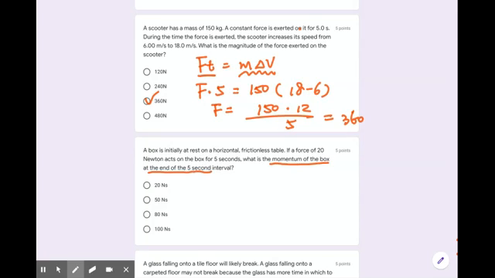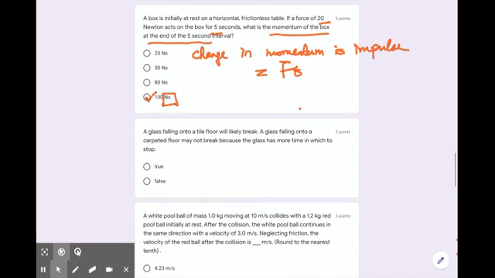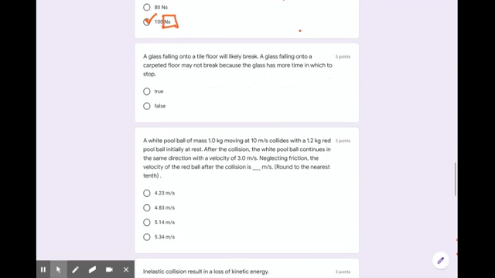So, it's the change in momentum, which is the impulse, right? Change in momentum is impulse equal to force times time. Force is 20, time is 5 seconds, 20 times 5 is 100. And also, if you just look at the unit, Newton times second. 20 Newton times 5 seconds, 100 Newton second. Sometimes your answer is right in front of you.